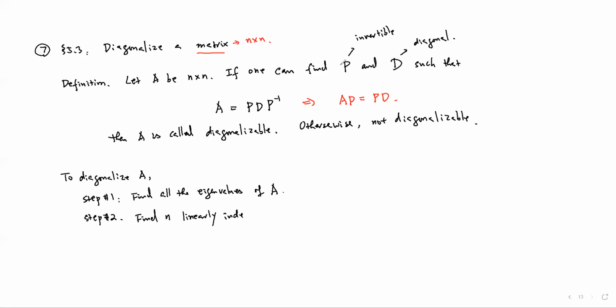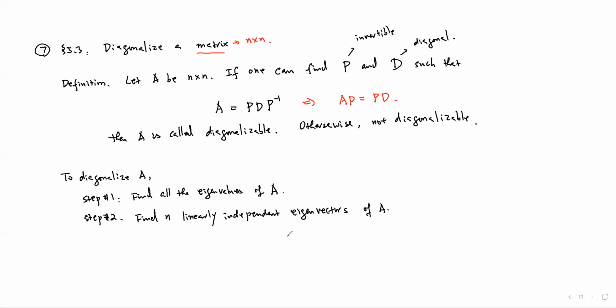The columns of P are linearly independent. So find n linearly independent eigenvectors of matrix A. We use these n linearly independent eigenvectors to form the matrix P.